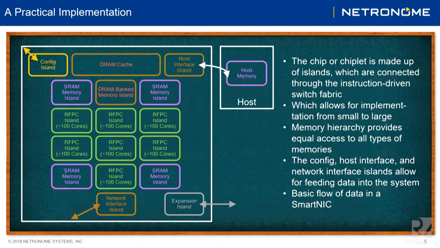A load balancer of some sort, which is part of the hierarchical memory structure, decides what memory to assign that packet to. It's usually one of the SRAM memories sitting in the four corners of this block diagram. The packet is pushed to an SRAM.